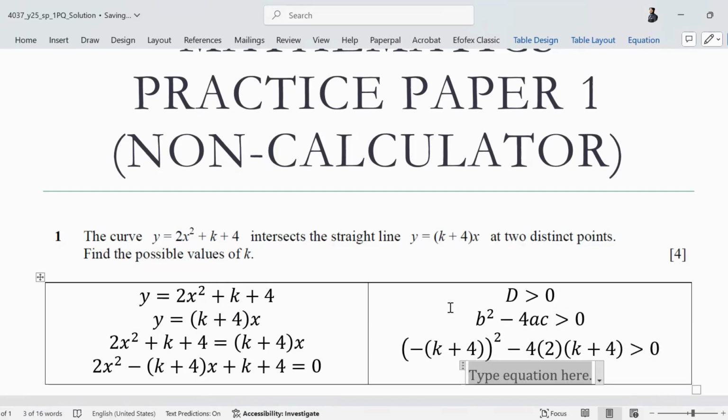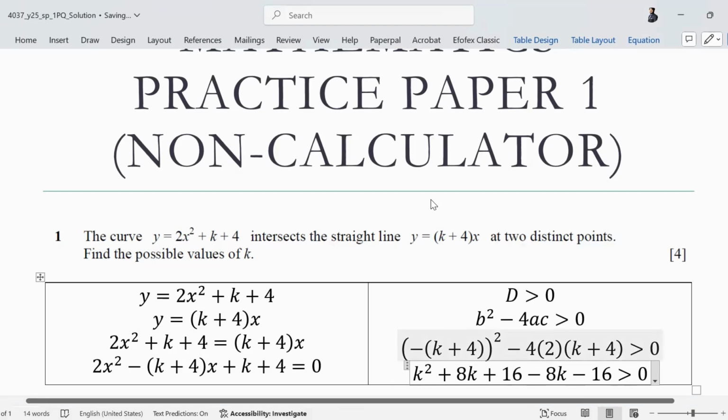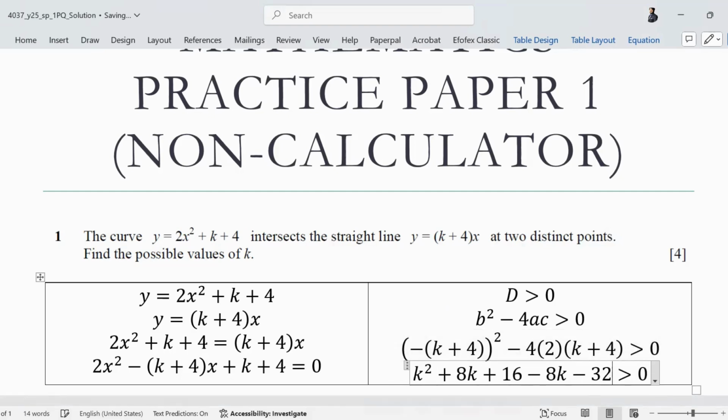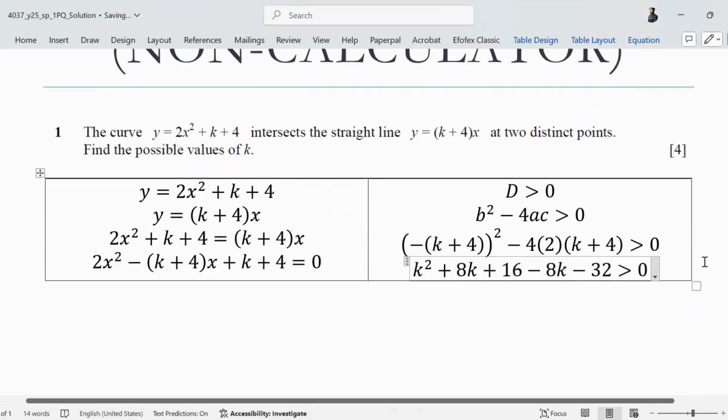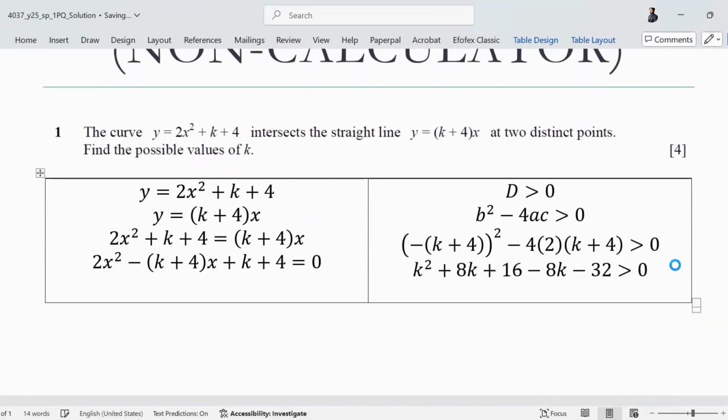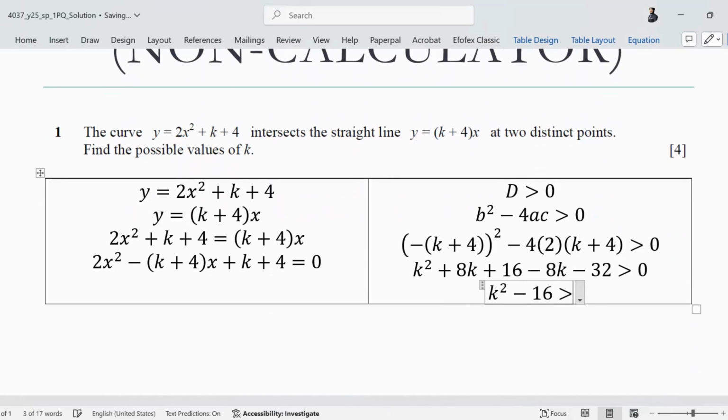So if I solve this one, I'll get k squared plus 8k plus 16 minus 8k minus 16 is greater than 0. 4 2s are 8, 8 4s are 32. Sorry, this has to be minus 32 is greater than 0. So 8k and 8k cancel out. 8k squared minus 16 is greater than 0.